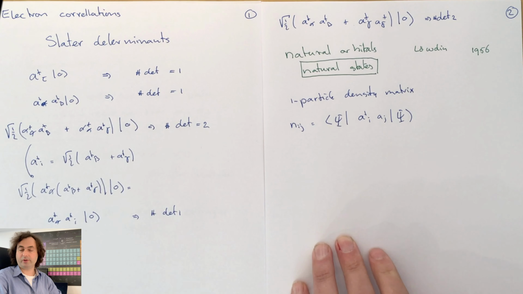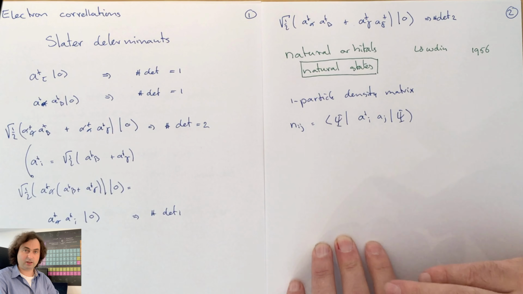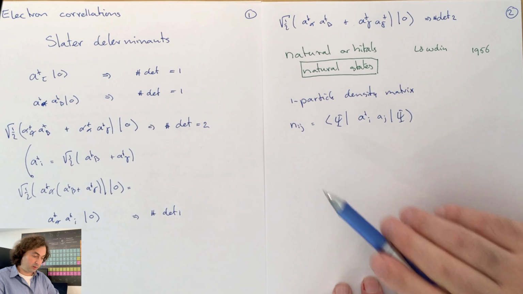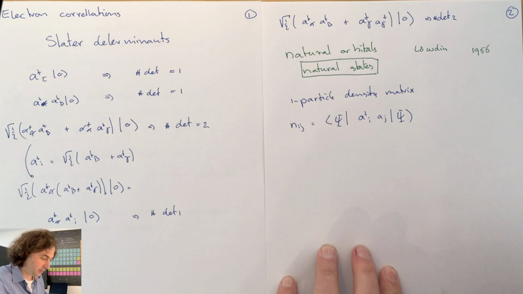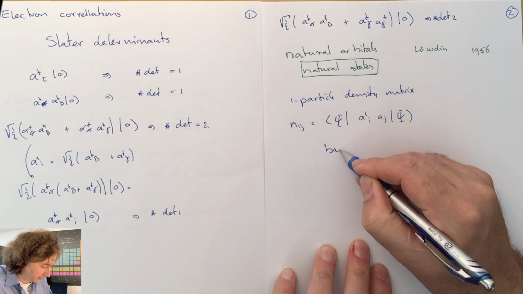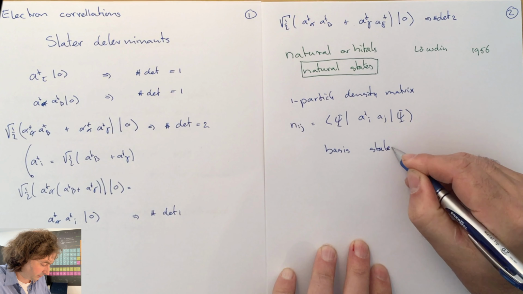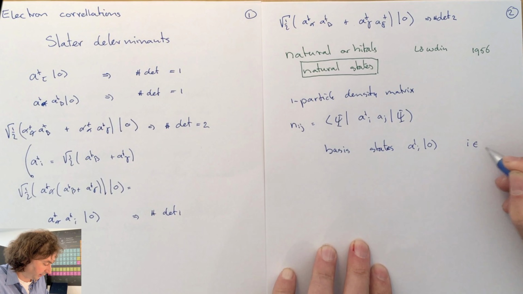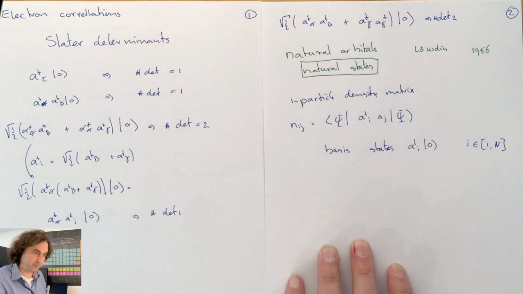If i is equal to j, this just tells you how much that orbital is occupied, and if i is different from j, you say how much can I scatter between them. Now, this is calculated on a basis, and our basis is given by the states a dagger i acting on 0, where i can run from 1 up to N.